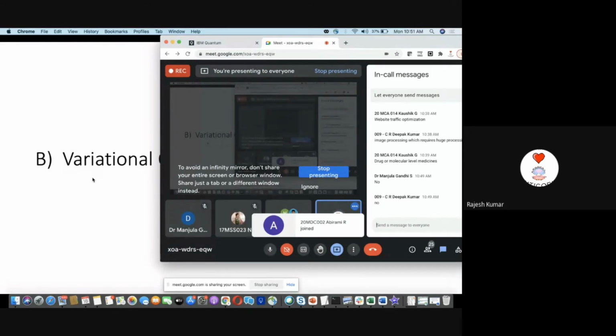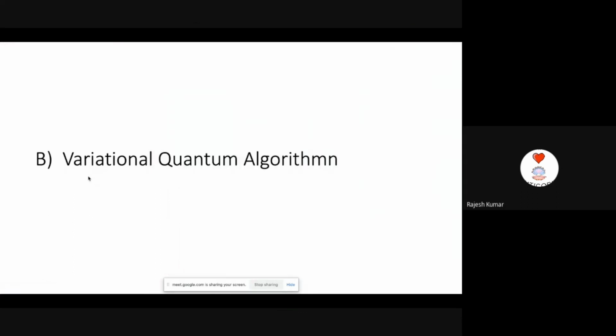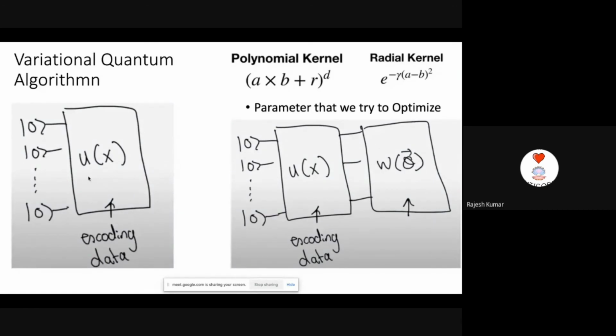Now when we step into quantum, the first step is to encode our classical data. That is what we have seen so far. Now with the variational quantum algorithm, I think we will take a simple example.